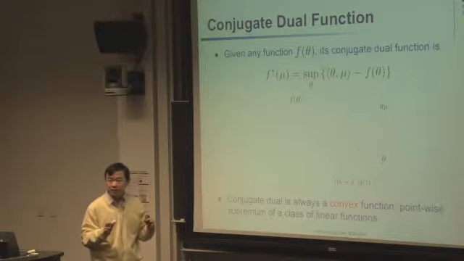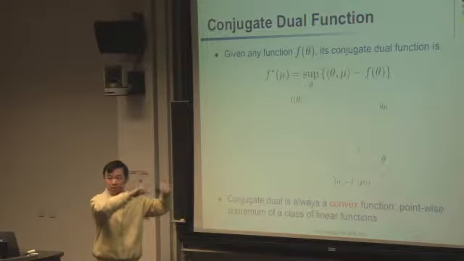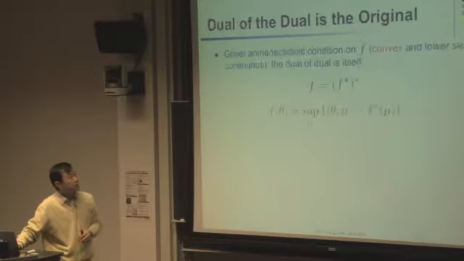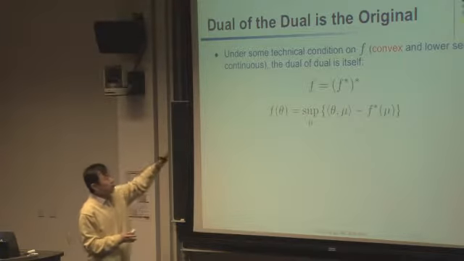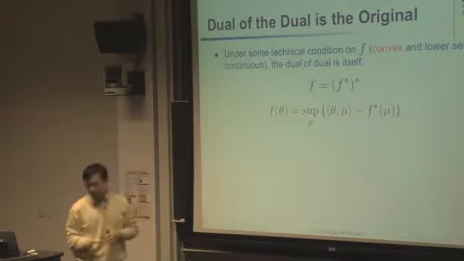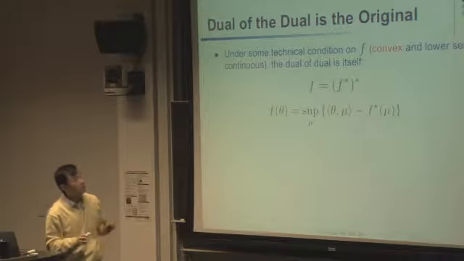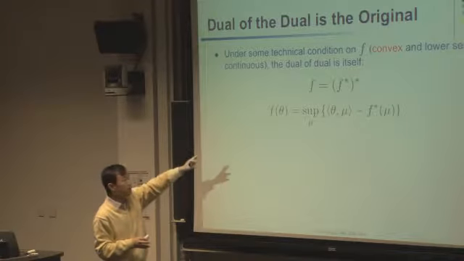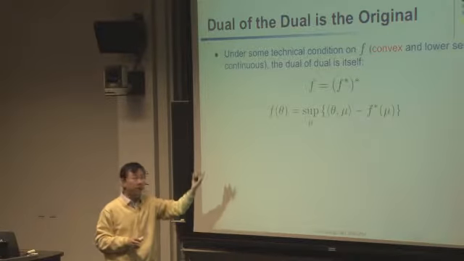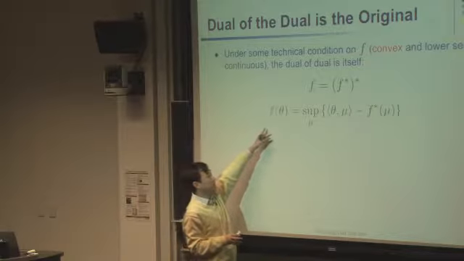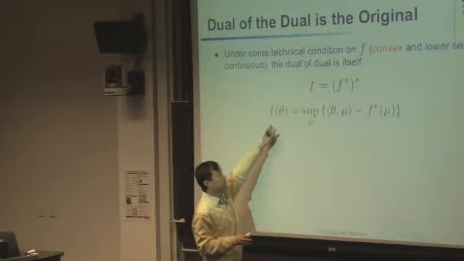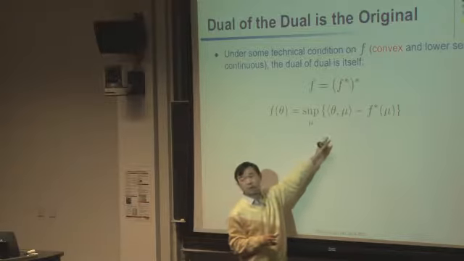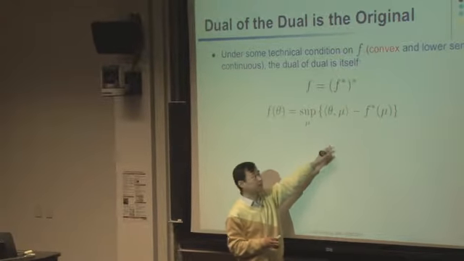Why is that interesting? Now you can see that I'm turning an arbitrary function into a convex one through some transformation. And if the original f is by itself also convex and lower semicontinuous, which is the technical term to make sure they are differentiable, then the dual of the dual takes you back. This means you can also define the original function as the conjugate dual of the dual function.